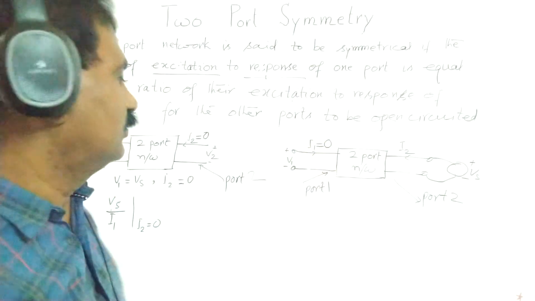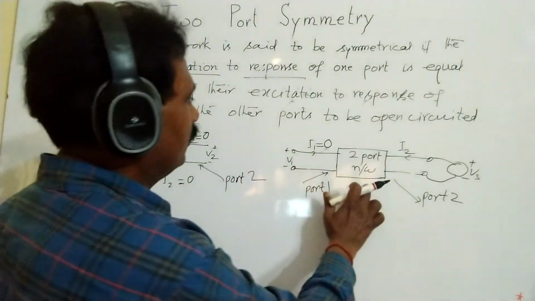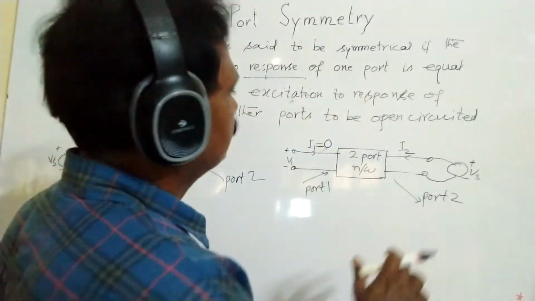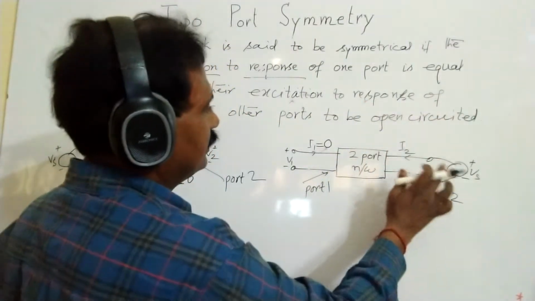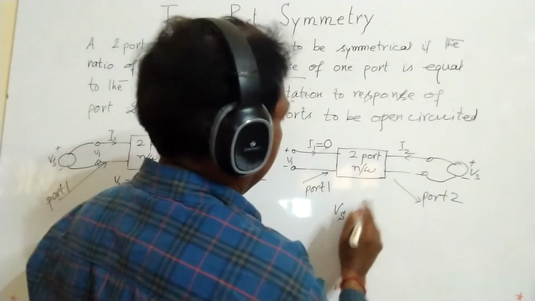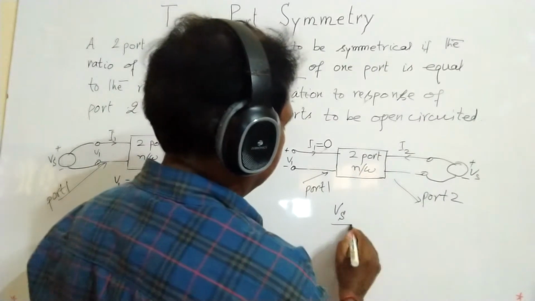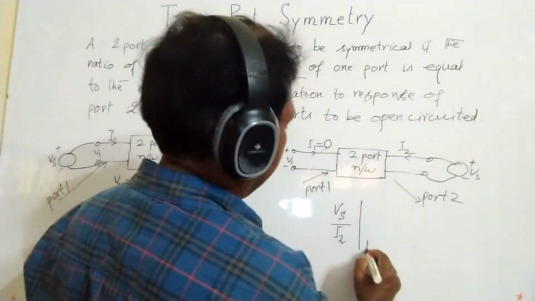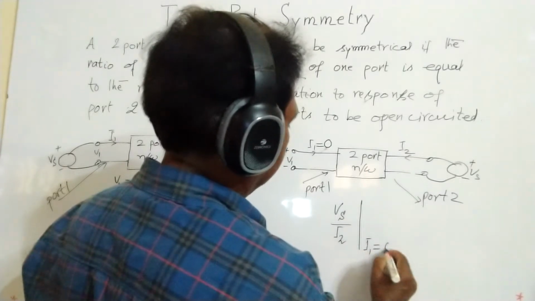It means I1 equal to 0. Then the ratio of excitation to response of port 2 is: excitation is Vs and response is I2, so Vs by I2 when I1 is equal to 0.